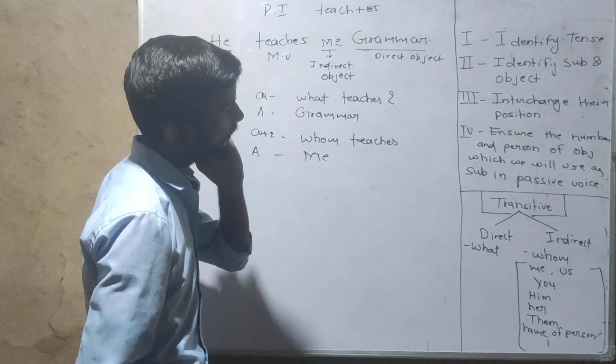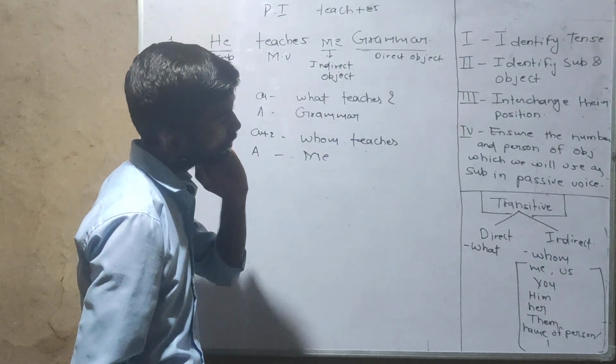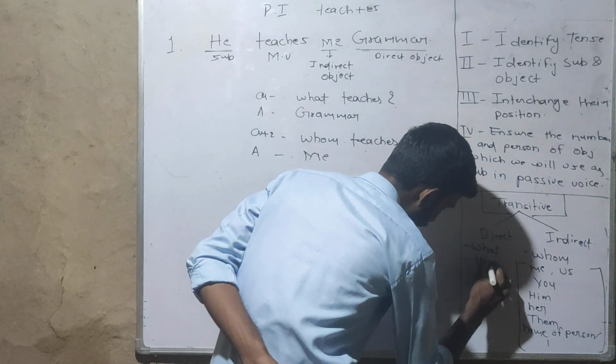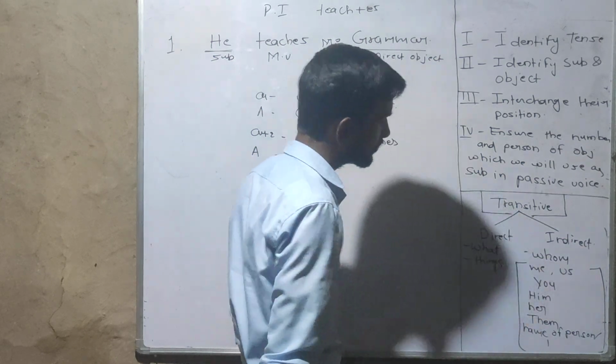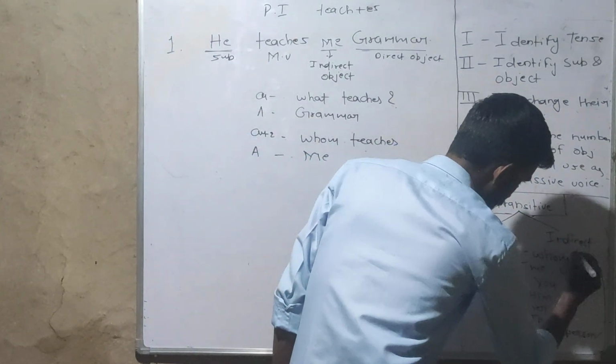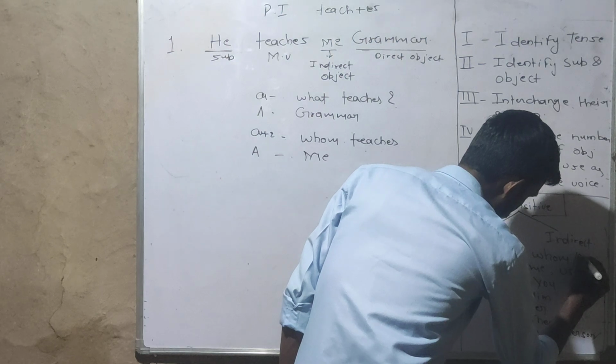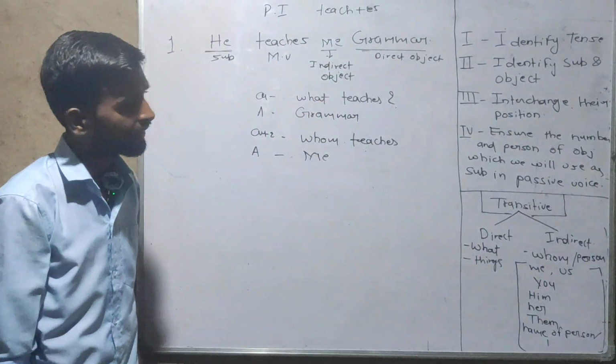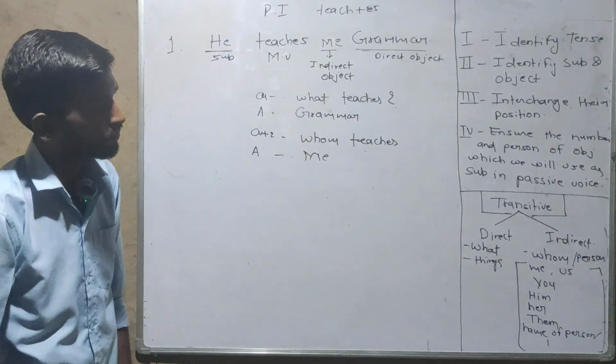To identify direct or indirect object, generally things come in direct objects and persons come in indirect objects.